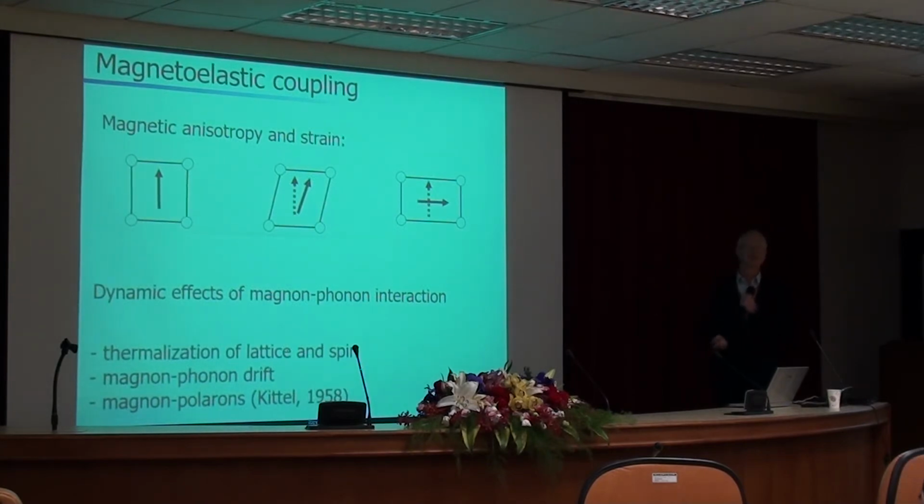Now the magnon-phonon interaction, which is caused by this, has different effects. It can generalize thermalization of the lattice and spins. There is an effect which is called the magnon-phonon drift, and there are also the magnon polarons, which are the mixed elementary excitations of the magnetic system and the lattice system.